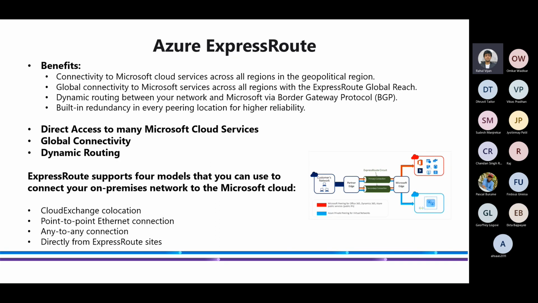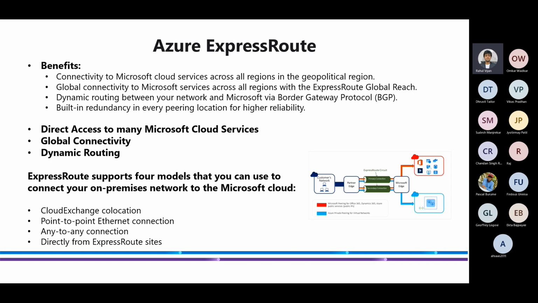So you can also have redundant lines connected to other locations and other zones for higher reliability. Then there is direct access to many Microsoft Cloud services. Not only do you have connections to other data centers, but you also have direct access to the whole Azure global network, because you're connected to a data center, and a data center will always have the global services of Azure by default in it.